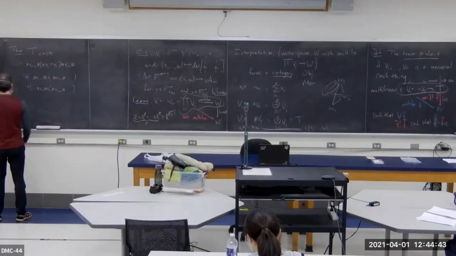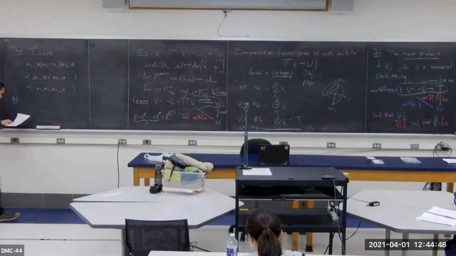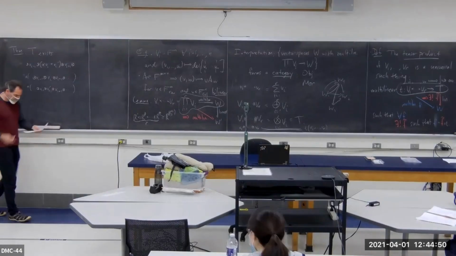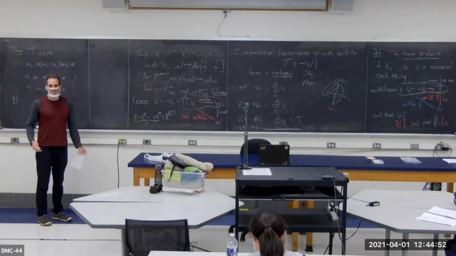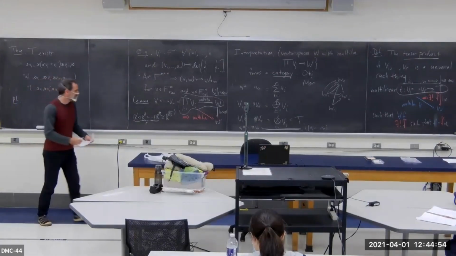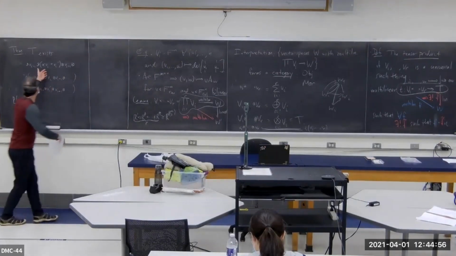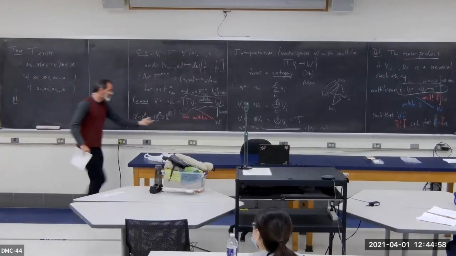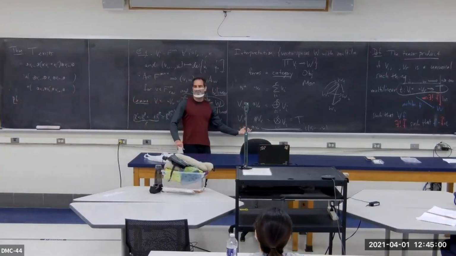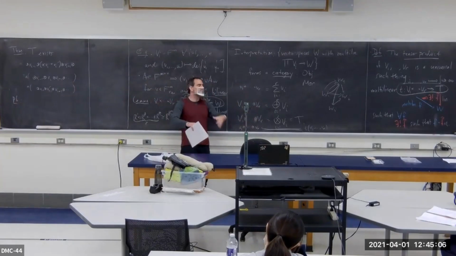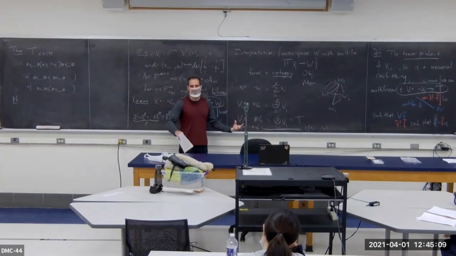Okay, so T exists. So proof. The idea is to construct T by freely multiplying the elements of the Vi's, right? So what this is supposed to mean, in some sense, is that you are formally multiplying the elements of capital V1 up through capital VR. We're just formally multiplying them in the freest possible way with no relations, right?